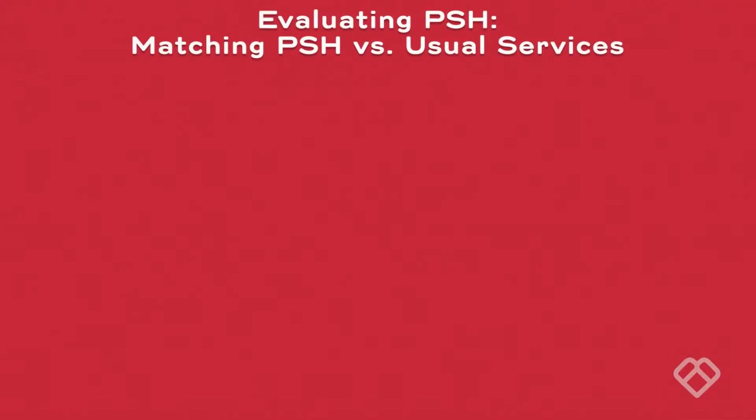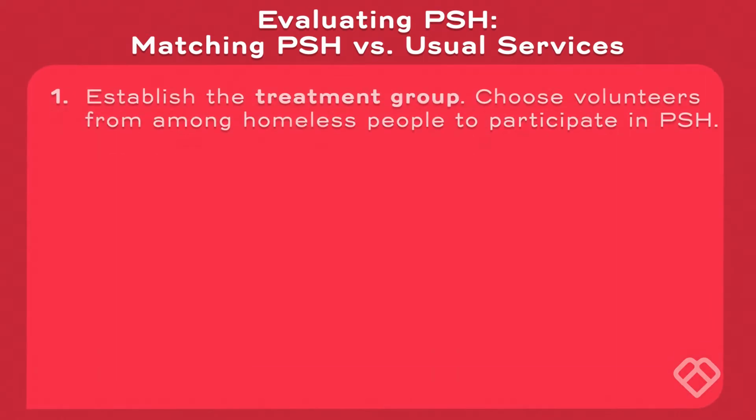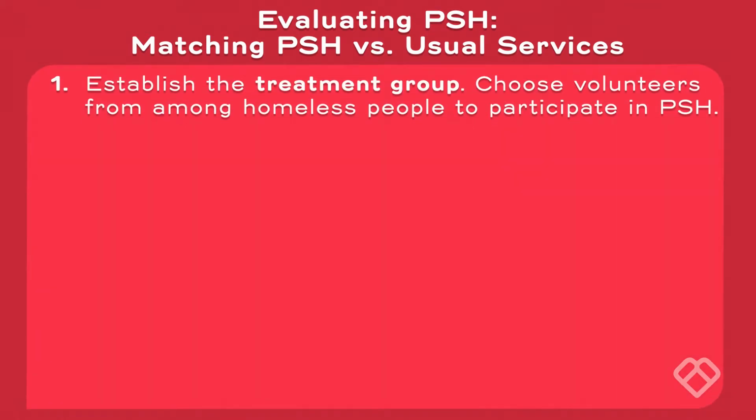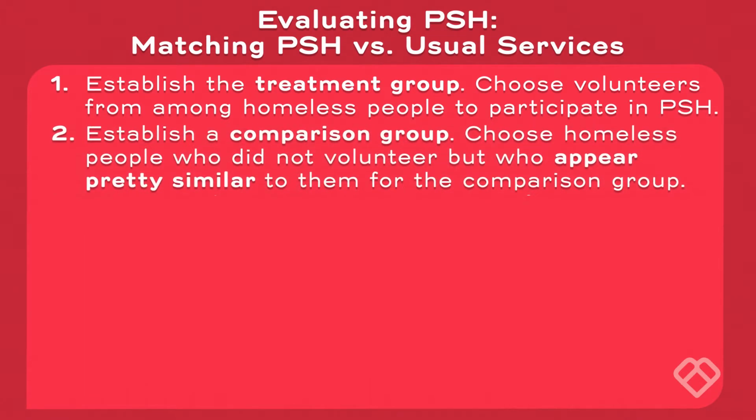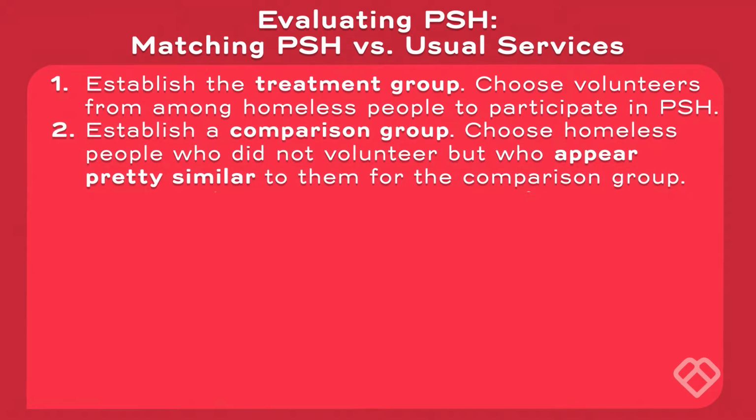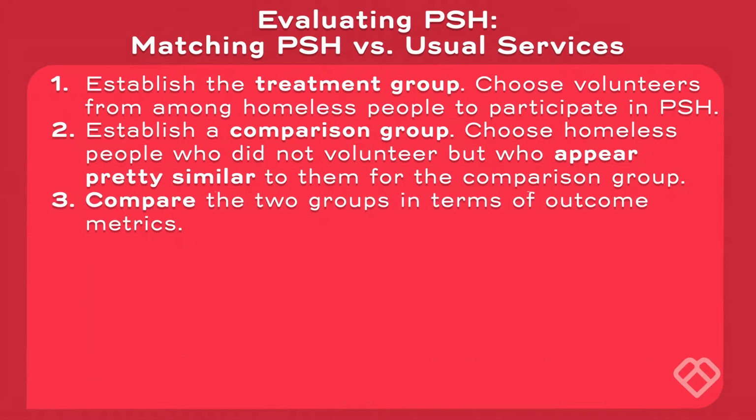Let's use the fact that we have two different groups now, and we're going to establish a treatment group by choosing volunteers from homeless people to participate in permanent supportive housing. And now we're going to establish a comparison group, homeless people who did not volunteer, but who appear pretty similar to them. Those will be the members of the comparison group. Now let's compare the two groups in terms of outcome metrics.